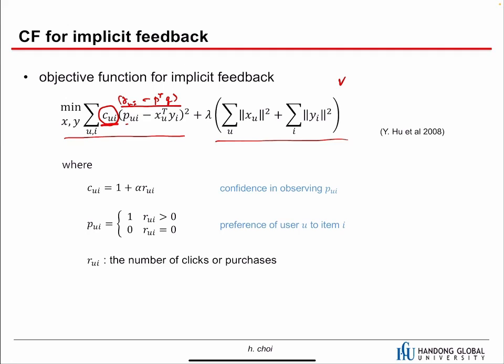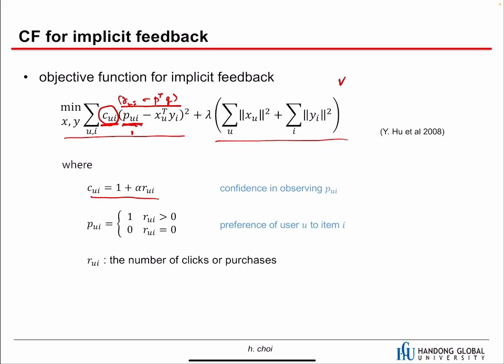And C sub UI puts some weight, right? So if it is a click, then the P sub UI would be 1 or 0. If it is 1 or 0, then we need a different weight for different items. When people click this item a lot, or when people click this item once, then still it is clicked, right?